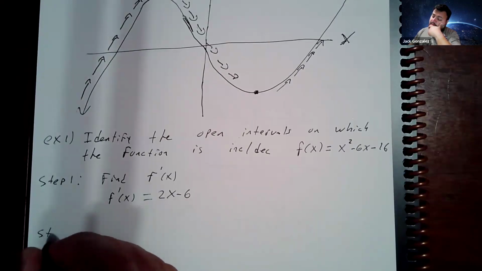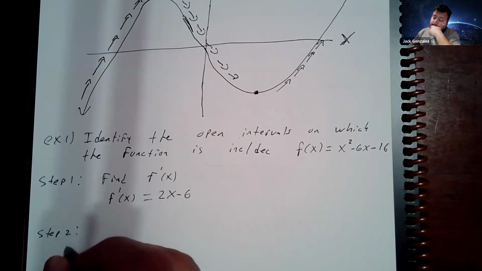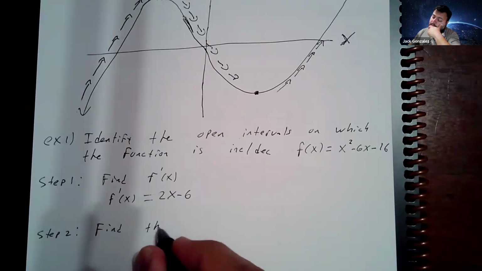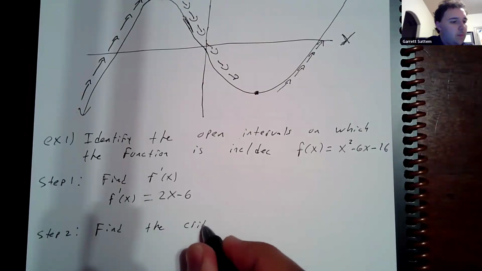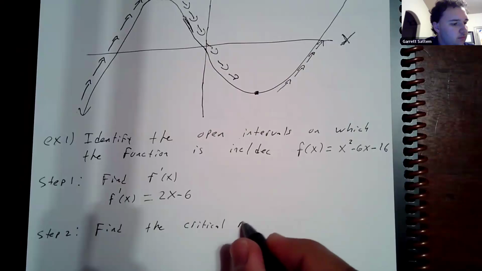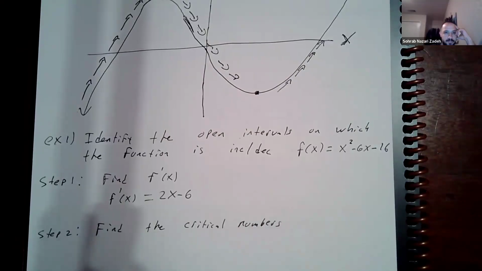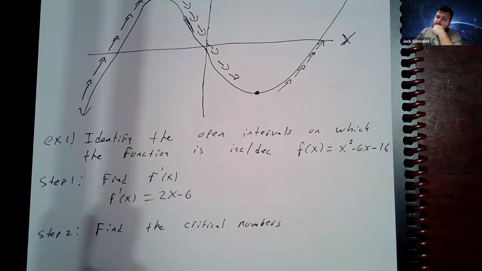Do y'all remember how to find critical numbers? Don't we set the function equal to 0? Yeah, we got to set the derivative equal to 0.